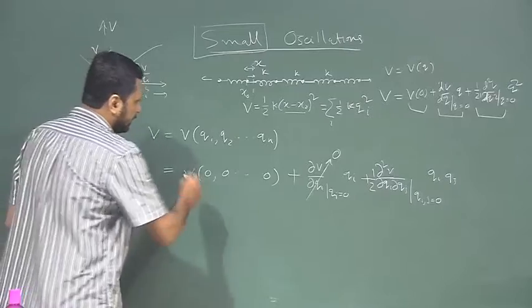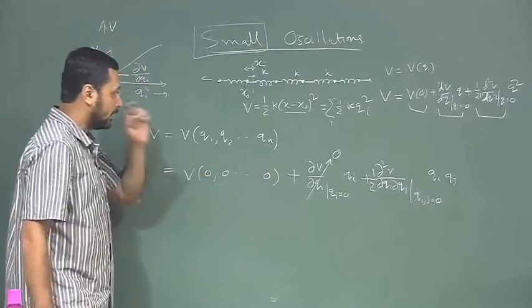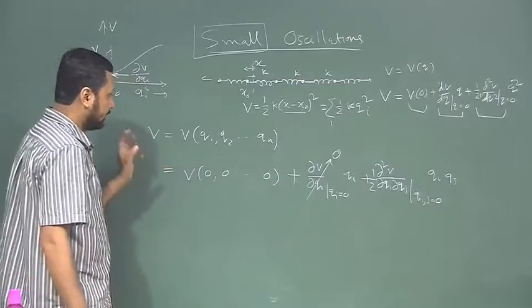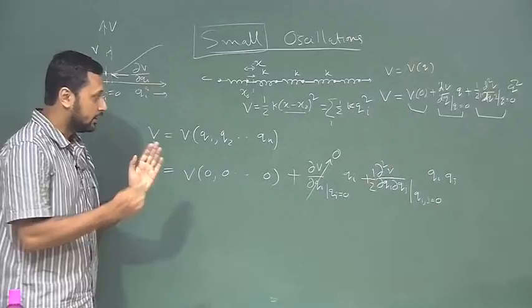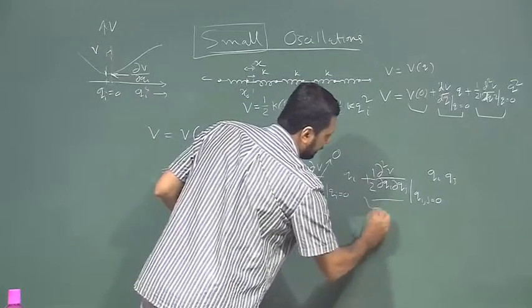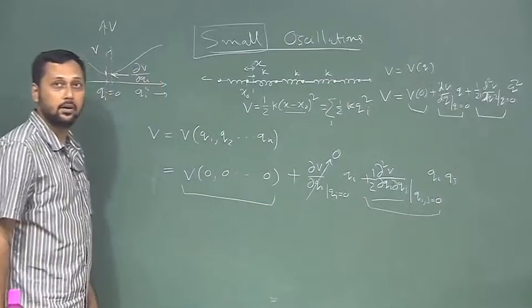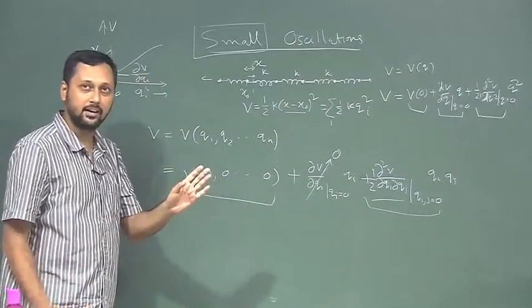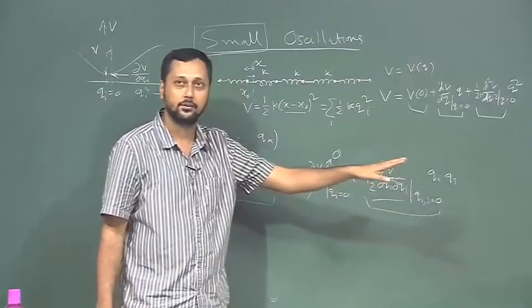And let us assume that this smallness, we have to again define the small part, is such that the magnitude of this term itself is very small compared to this term. So, if this is the case, we can truncate it here only. We do not have to take the third derivative and above.